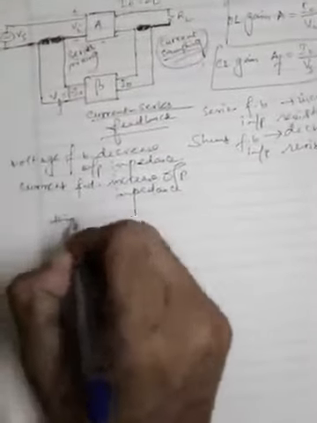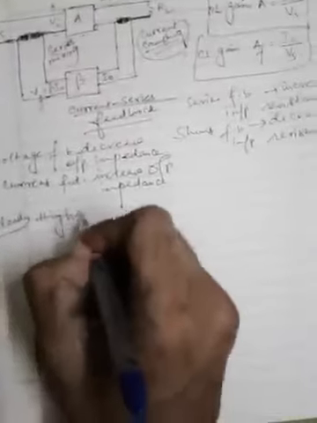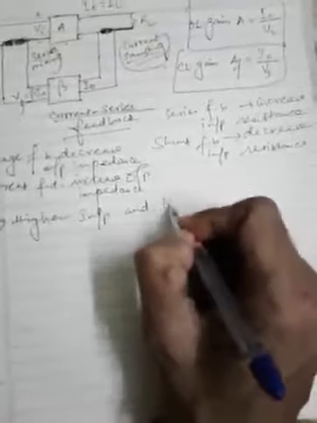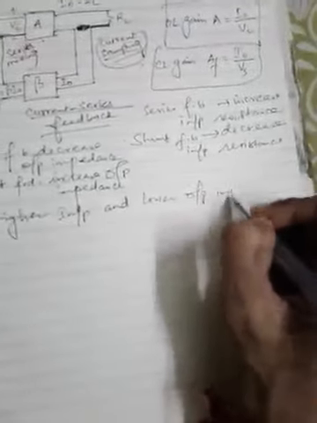So what we desire ideally, higher input and lower output impedances, we generally desire. Now you should select which are the favorable topologies to use in your design.